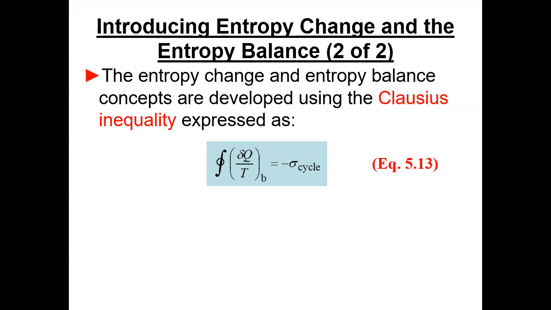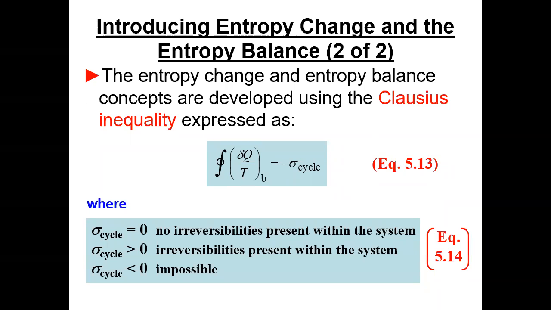You don't see a dot, so it's an amount. It's BTUs or it's kilojoules. It's not watts, and it's not BTUs per hour or anything like that unless there's a dot over it, okay? And the sigma turns out to be the entropy production term that we'll define. We're going to get down and define all this stuff. Up to this point, we've kind of danced around it a little bit.